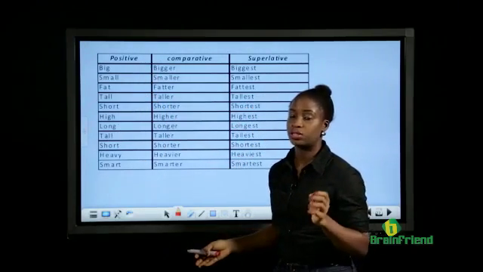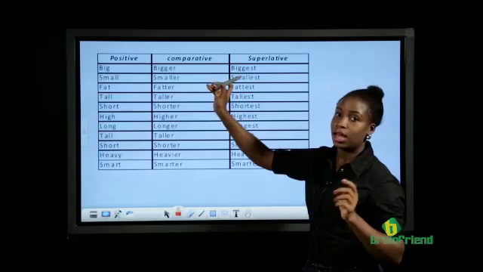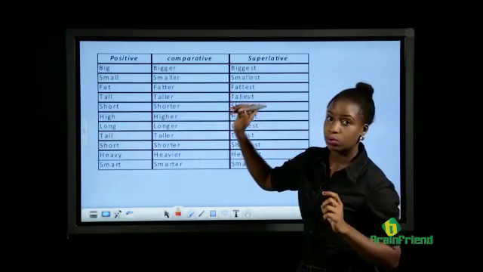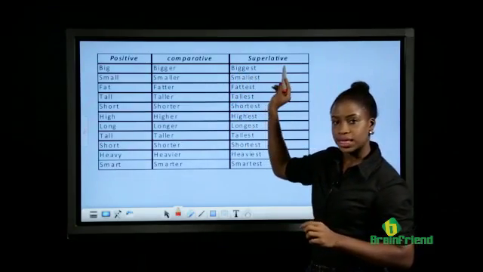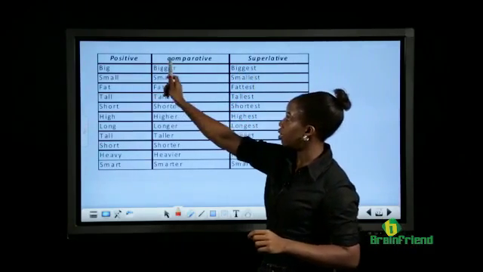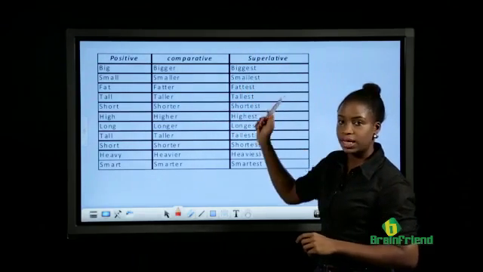Now, to form the comparative, we just said we add er, and big becomes bigger. And to form the superlative form, we add est, and it becomes biggest. Big, comparative form, bigger, and superlative form, biggest.